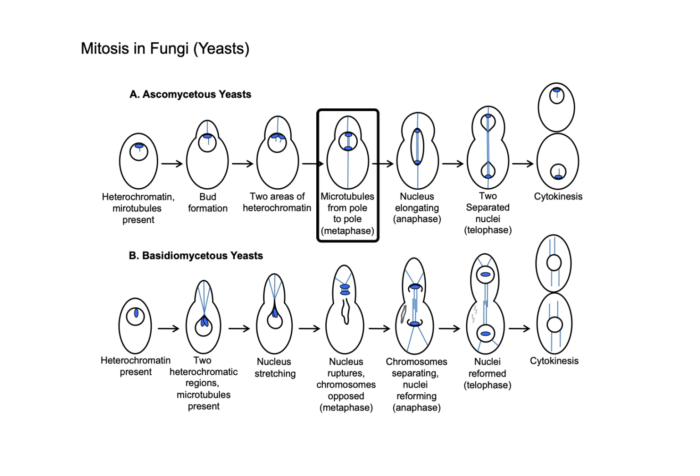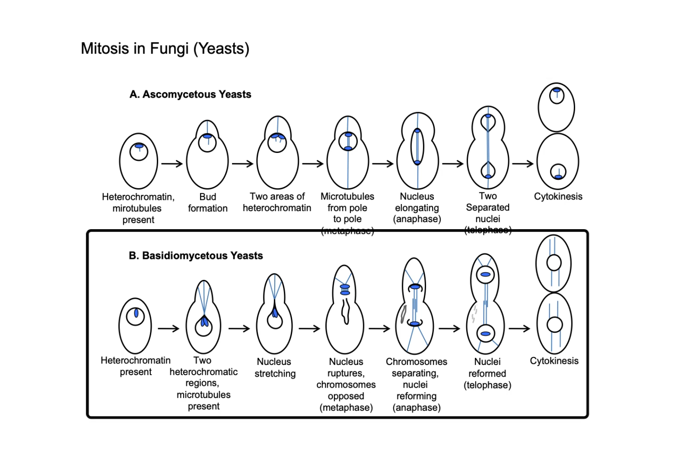Those two are moved to the poles of the nucleus by microtubules. Other microtubules are starting to push out this bud here, and then you get elongation of both the bud of the cell and the nucleus. Finally, separation of the nuclei and separation of the two cells by cytokinesis.